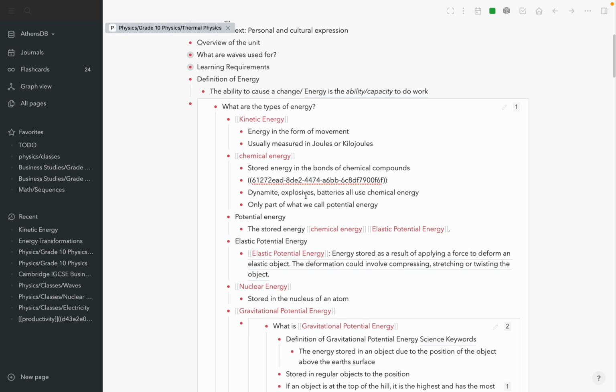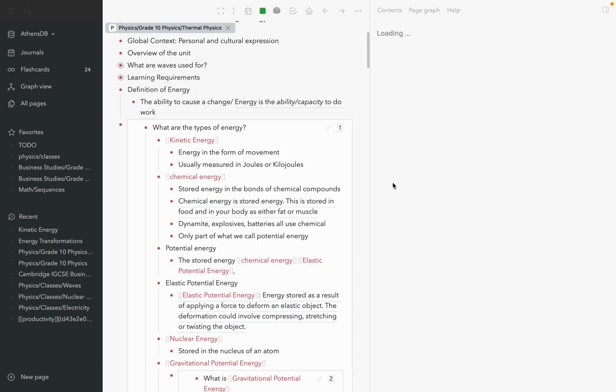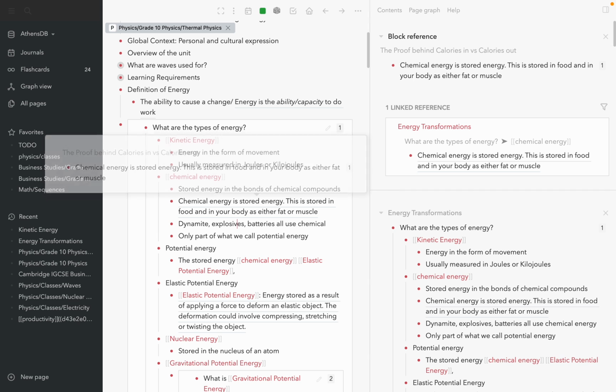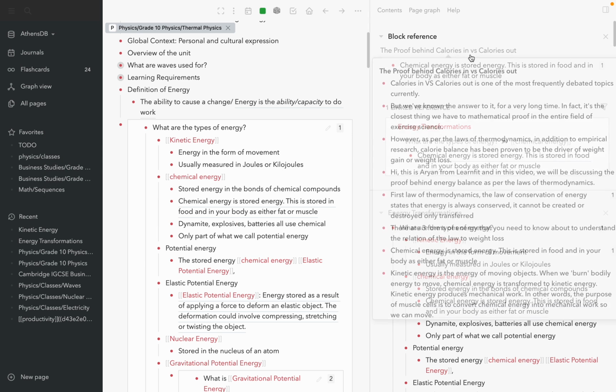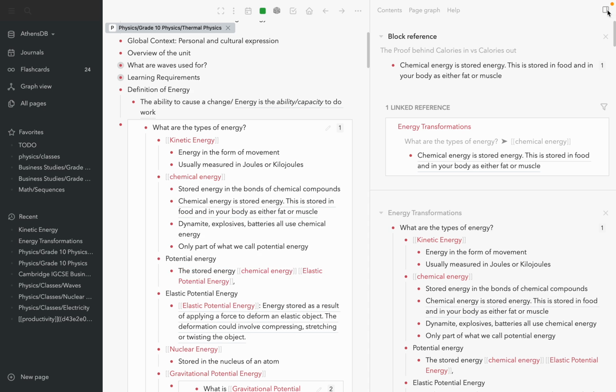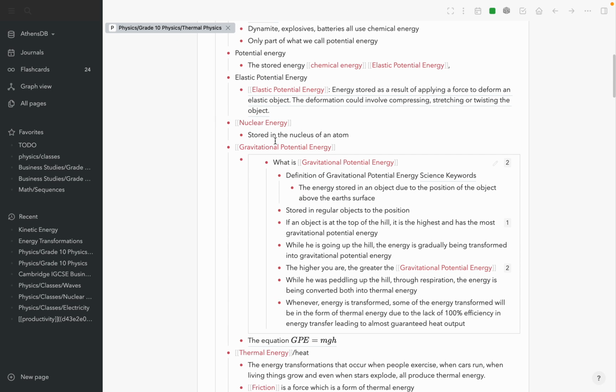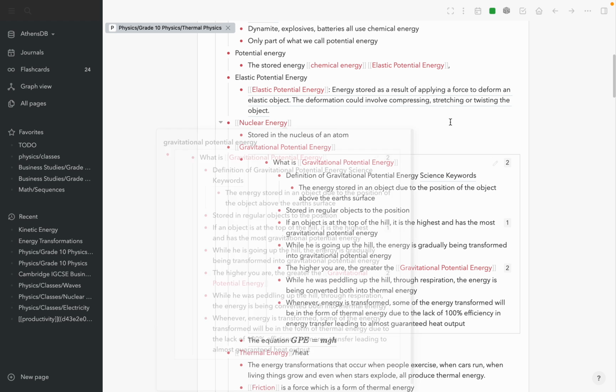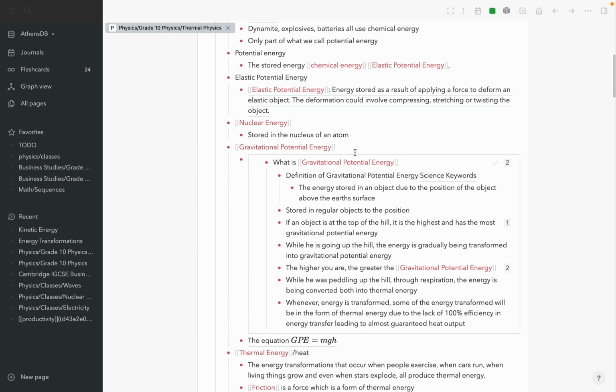Over here there's another example of a block reference, which is referenced from a different page, this proof behind calories in versus calories out, where I've defined what chemical energy is and written it here. One interesting thing is that I've put gravitational potential energy here, and inside this embed I've created another embed.